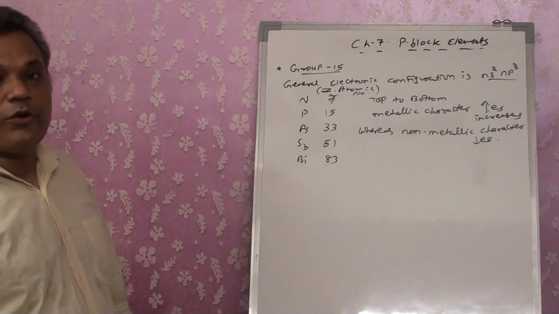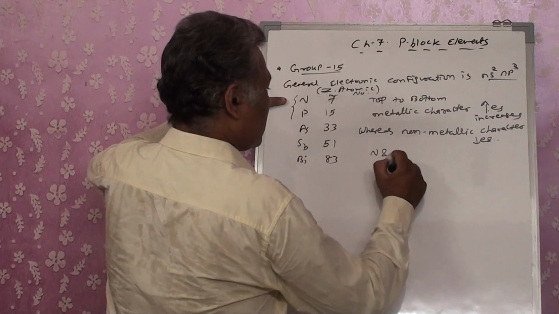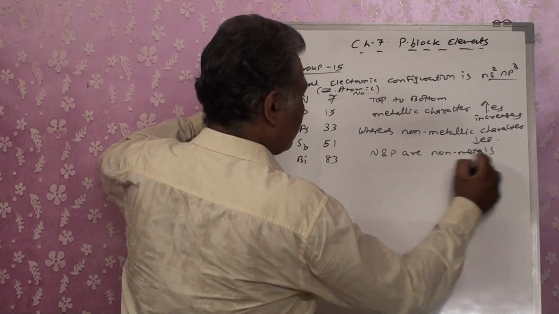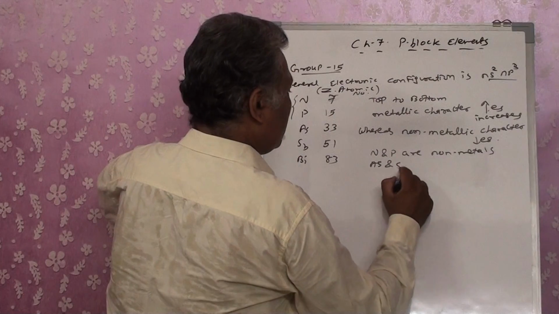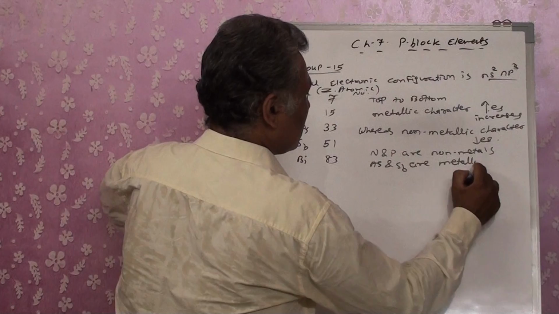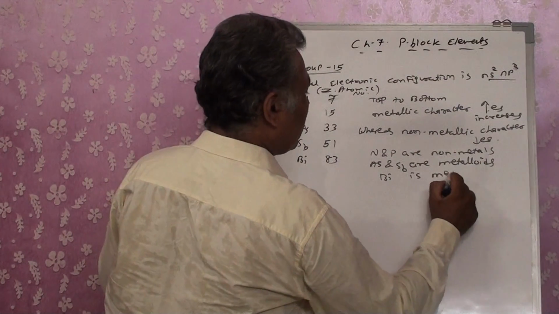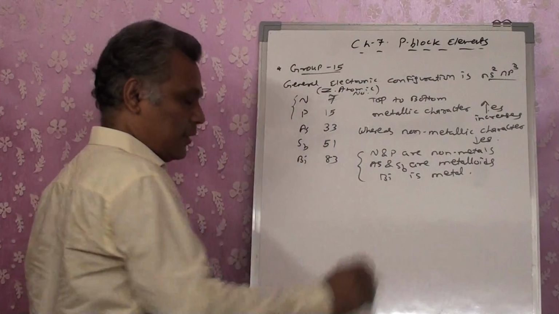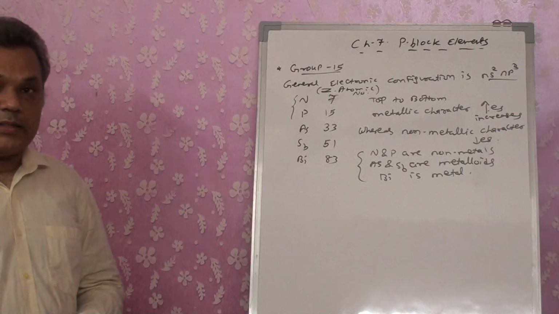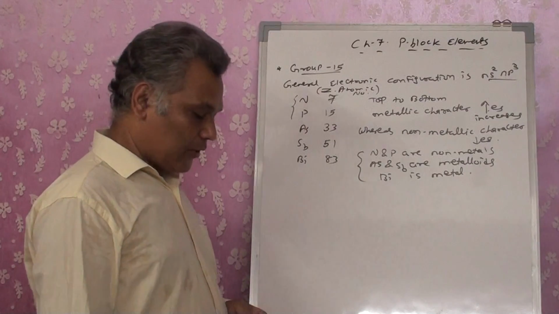Now if I want to understand it, can I say that nitrogen and phosphorus are non-metals, arsenic and antimony are metalloids, while bismuth is a metal. So that shows that from top to bottom metallic character increases and non-metallic character decreases, right? That is the first thing.